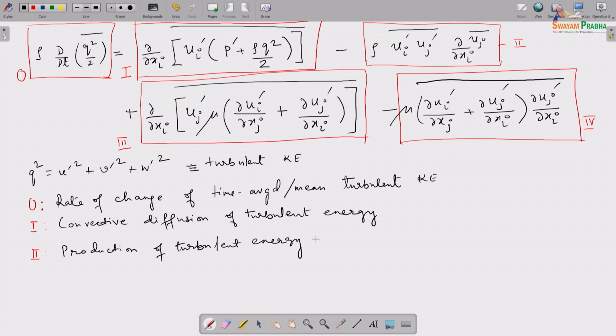I think it's important to address at this point where this comes from. You have a flow which is laminar, and then it becomes turbulent. So where does the energy come from that makes it turbulent? Production of turbulent energy.